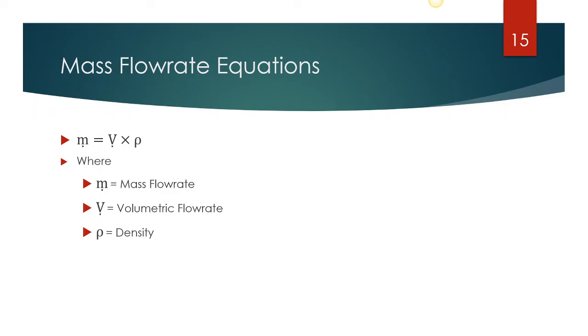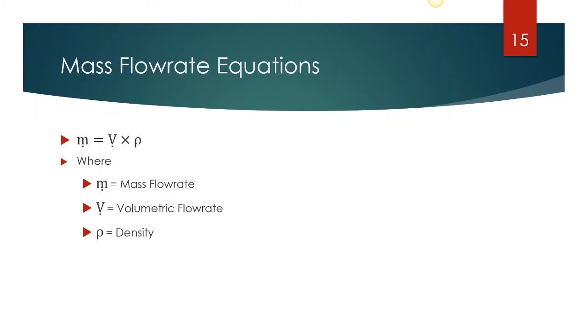Okay, mass flow rate. Here is our formula for mass flow rate. And we have a little bit of a different formula. So the first term there is m dot, and m dot is our mass flow rate. And of course we know V dot now is volumetric flow rate. And rho, I shouldn't say p, that's the Greek letter rho, looks like p.